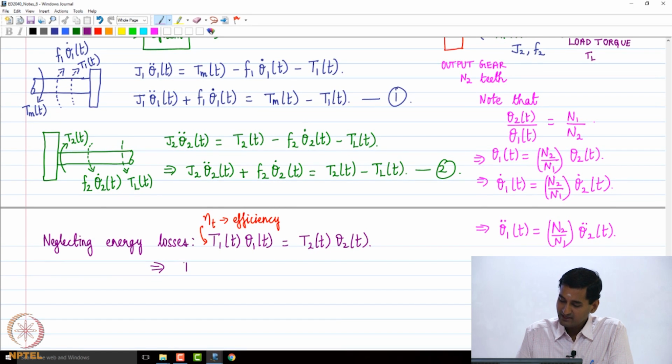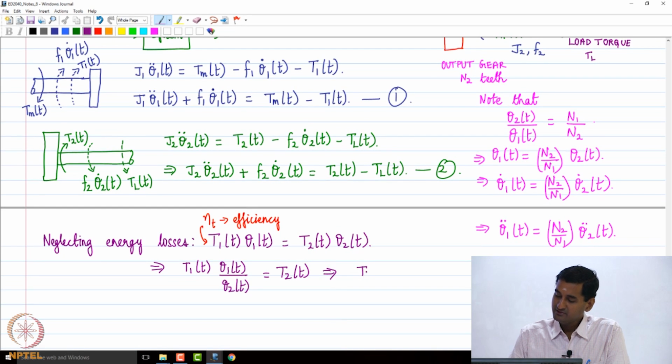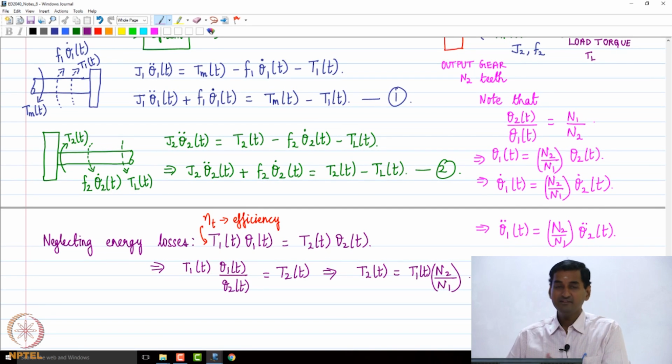It gives us that T1t theta 1t divided by theta 2t is equal to T2t. This immediately gives us that T2t is going to be equal to T1t times N2 by N1. Why? Because theta 1 by theta 2 is N2 by N1. So, that is how we get this relationship. Now, we are all set.